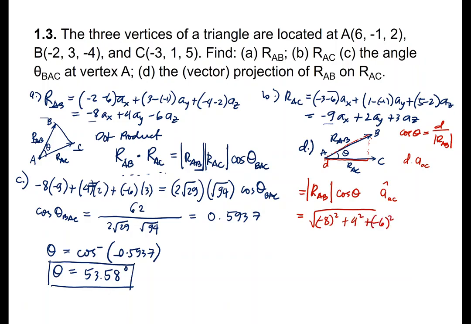And then the cosine, we already have the theta here. The theta here is BAC. That's why in the previous problem C, we found theta, which is BAC, and that's 53.58.